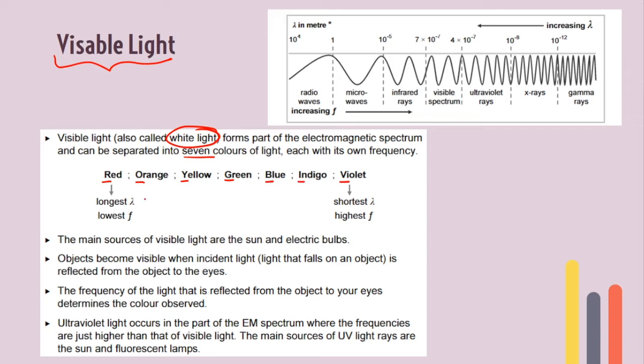In the spectrum, our red light has the smallest amount of energy because it has the longest wavelength and the smallest frequency. Violet light, on the other hand, has a high amount of energy because it has a very high frequency relative to the red light.